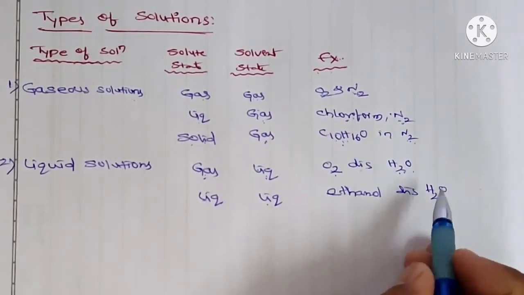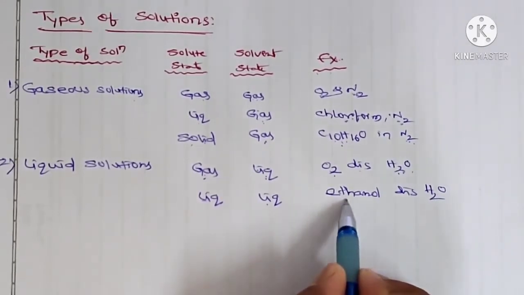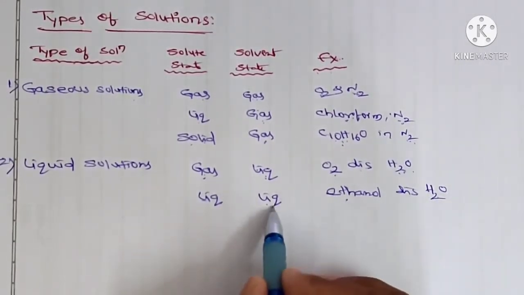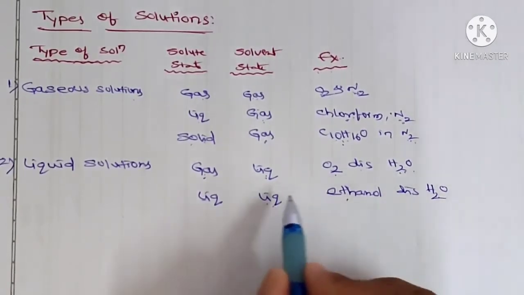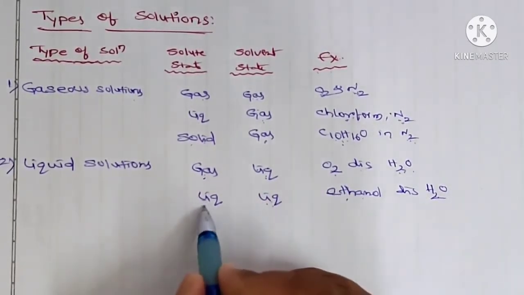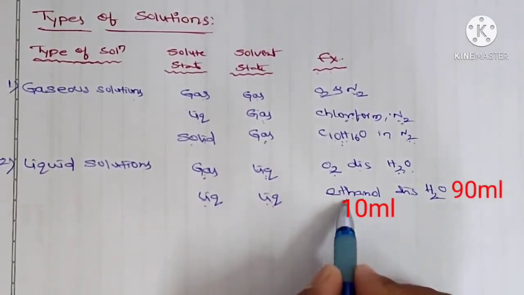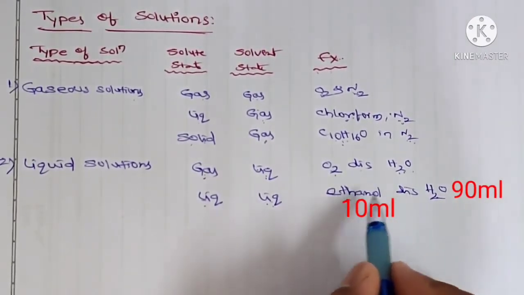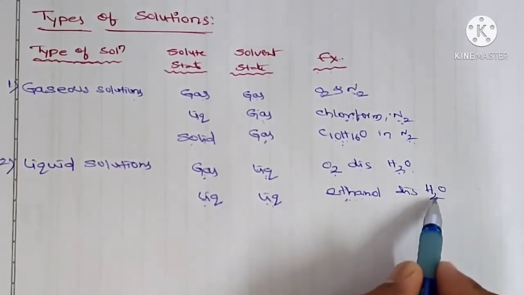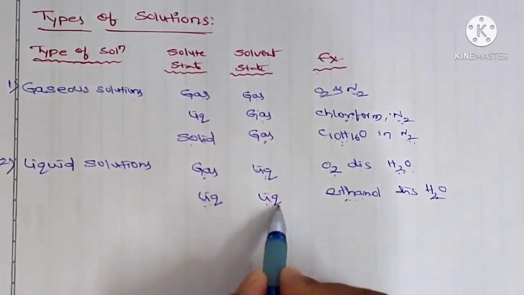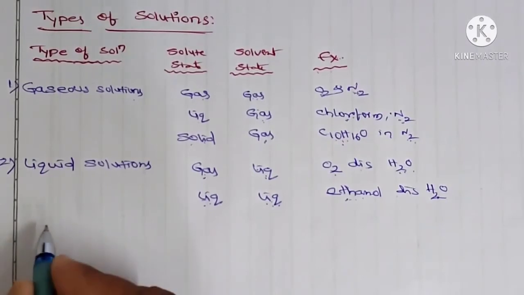Ethanol in liquid state, water also liquid state. But water is a solvent and ethanol is a solute, because water is in large amount, ethanol is in less amount. So ethanol in H2O, ethanol dissolved in H2O. So liquid in liquid.